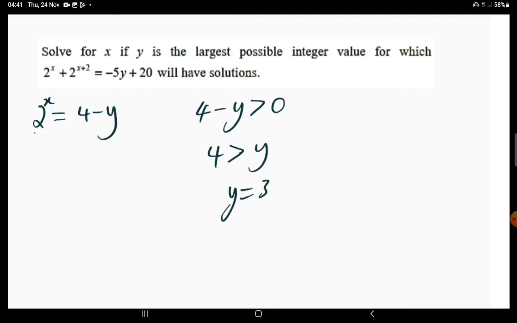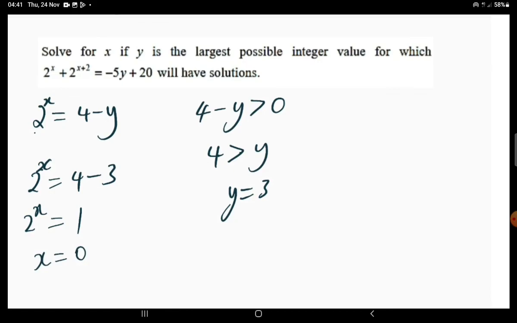So remember, you're solving for x. So when y is equal to 3, then therefore you'll be having 4 minus 3. So we have 2 to the power of x, then therefore in the place of the right hand side you just have 1, then your x becomes 0 now, just like that.